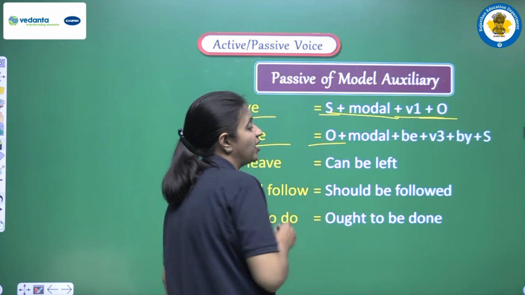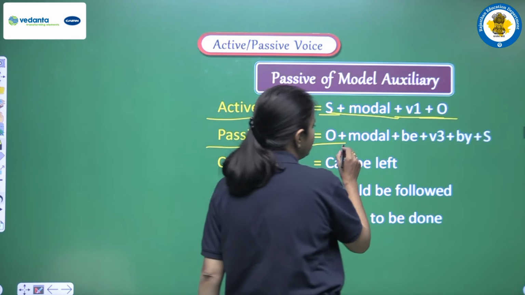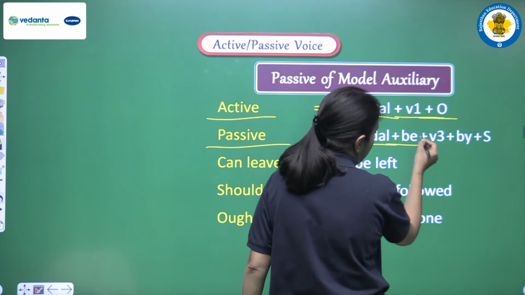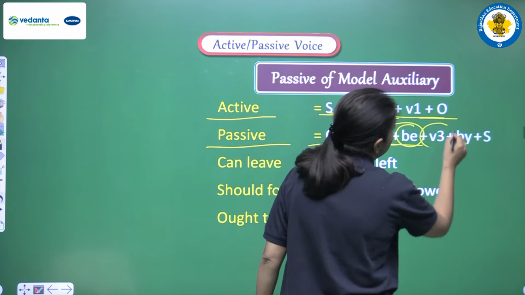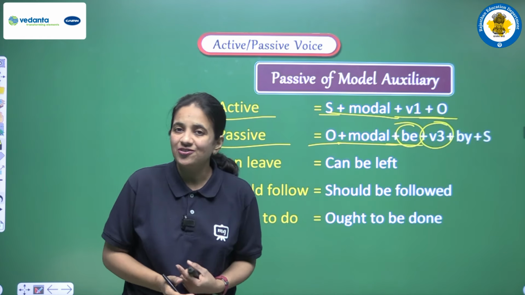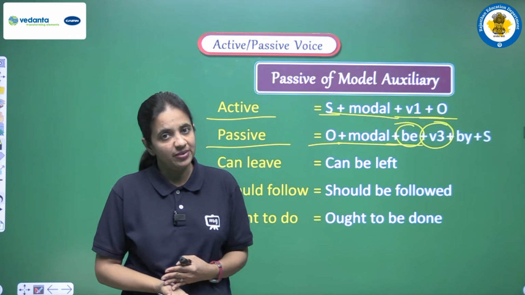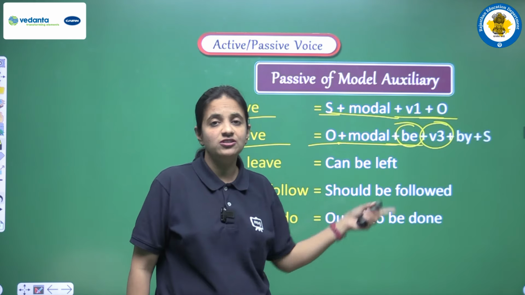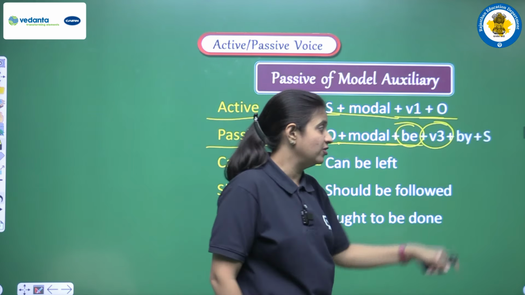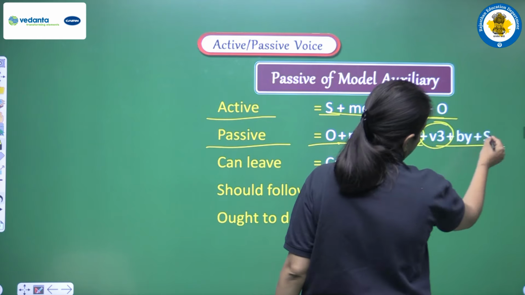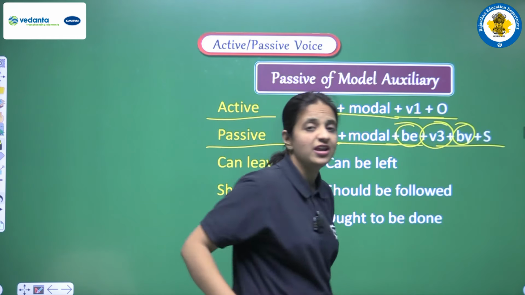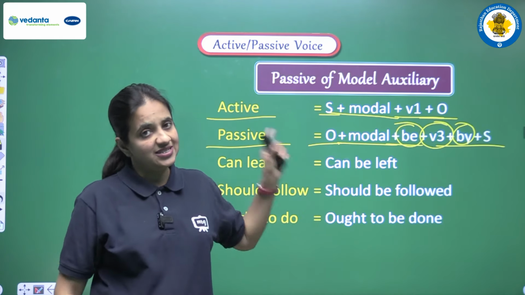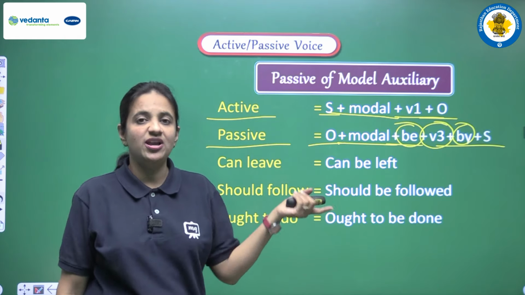First of all, we have to write the object, after that modal, and yes, we have to add be, and as we all know always we have to write third form of the main verb. So with modal auxiliary also we will write third form of the main verb, and in the end of the sentence we will write the subject, and before that we have to add by. So this is the structure of the passive voice that we have to follow.